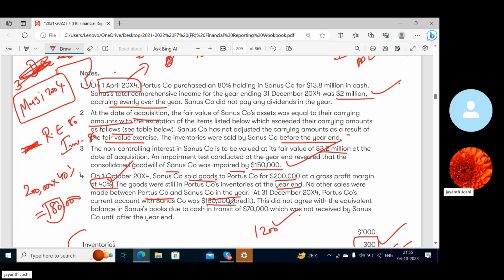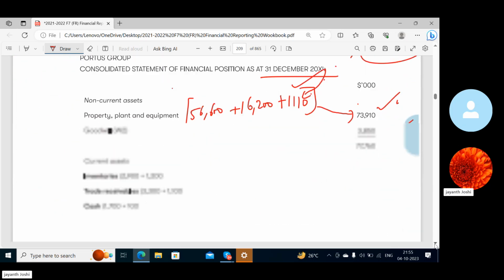That means Potter's company has to pay 130 to Sanos company, right? It is receivables, payables, intercompany transaction, correct? It has to be cancelled. So we will remove this 130 from the receivables and we'll remove 130 from payables.